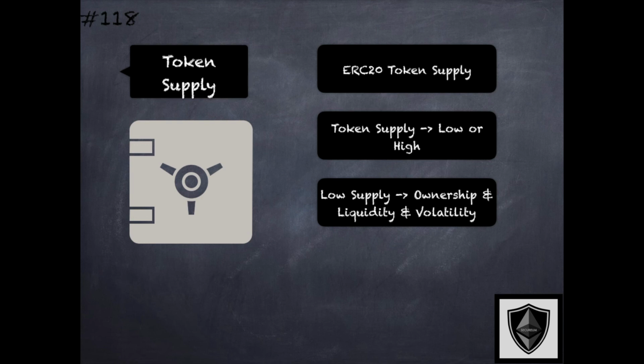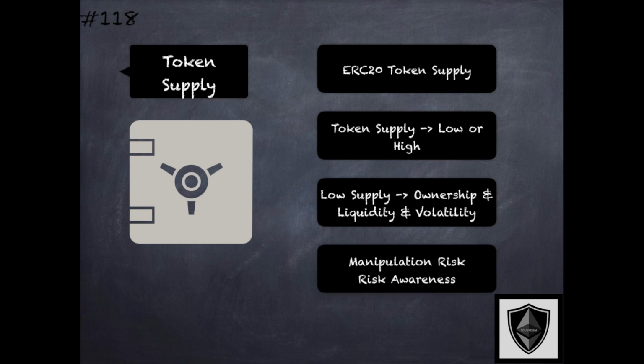Because this, by implication, means that the ownership may end up being concentrated within a few owners who own a significant part of the supply. In which case, they have a significant influence over the price of those tokens, their liquidity, and therefore their volatility. So this scenario brings in an increased manipulation risk for such tokens with limited supply, and is something to be aware of.